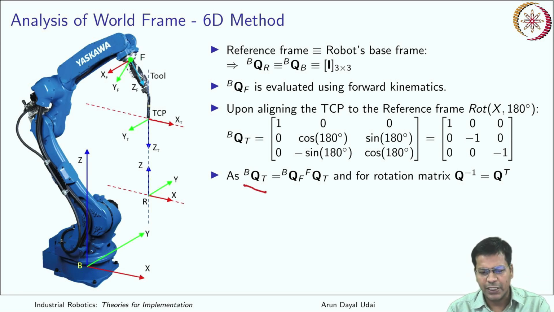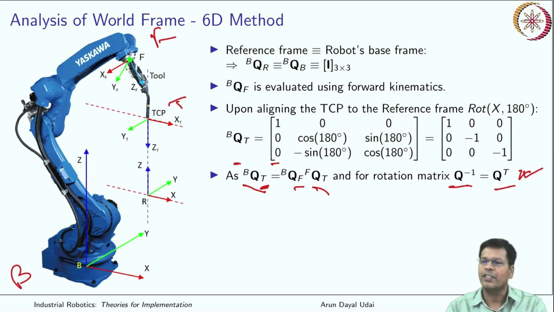So now coming back to this, B to T, that is the rotation matrix of the tool with respect to the base. Tool with respect to the base is base to flange and flange to tool orientation. Also, the inverse of a rotation matrix is equal to the transpose of the rotation matrix. So these two things should be noted.